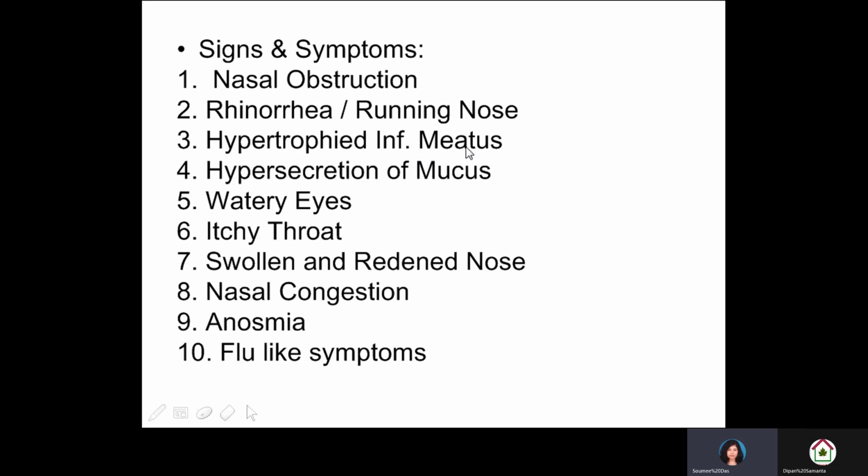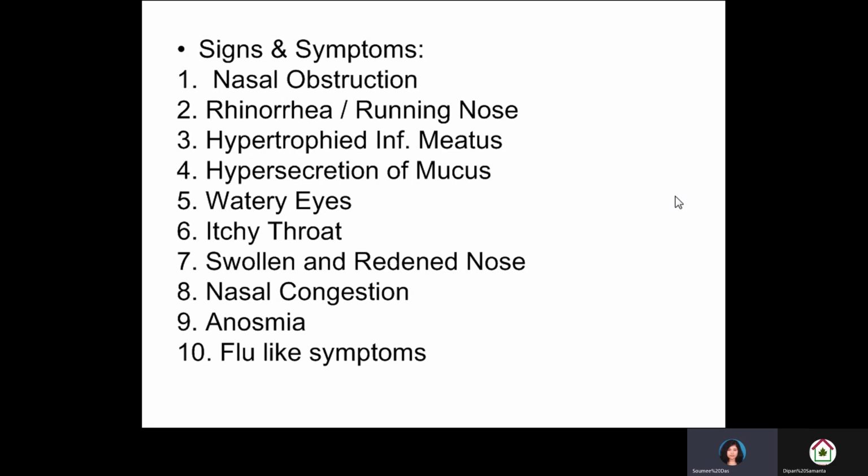So in case of the hypertrophic chronic rhinitis, the inferior meatus will be hypertrophied. Hypersecretion of mucus. This is just another way of describing rhinorrhea. Okay. Next is watery eyes, itchy throat. Okay, so these two are extranasal symptoms associated with chronic hypertrophic or chronic rhinitis.